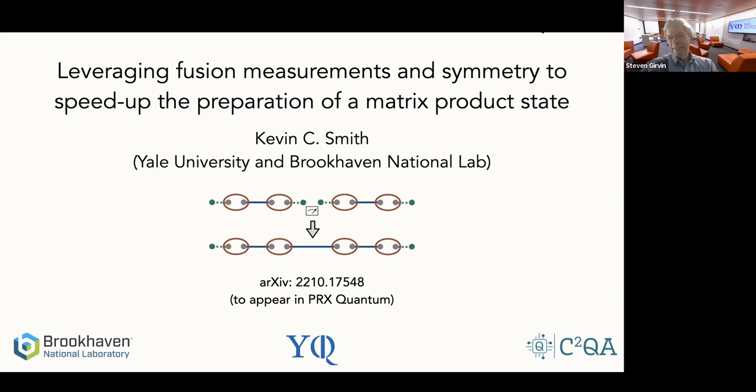Kevin got his PhD at the University of Washington, and in his time in C2QA, he's been thinking about how to create interesting and non-trivial quantum states of spins, and has done simulations of them, this new protocol that he's developed on the IBM Q systems. And that's what he's going to be talking to us about today. So welcome, Kevin.